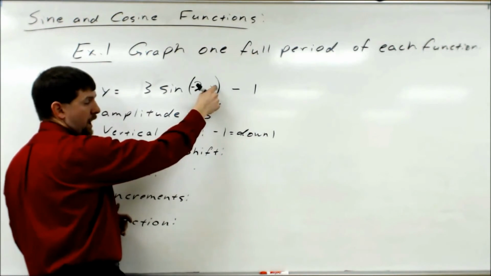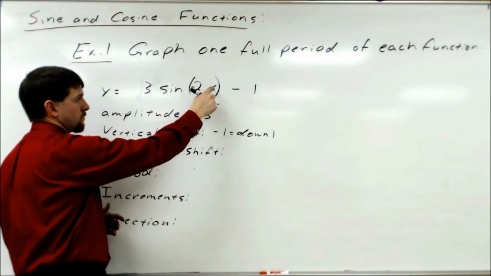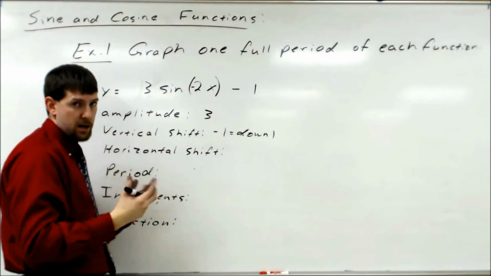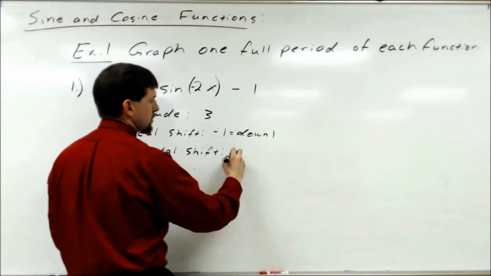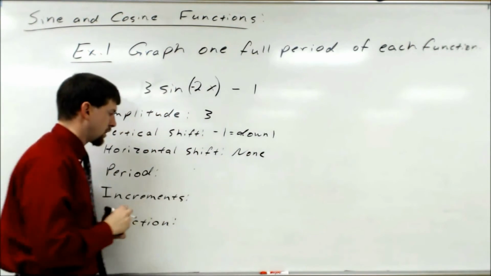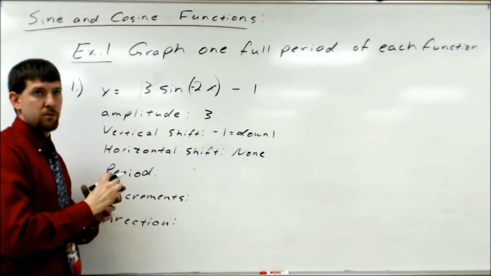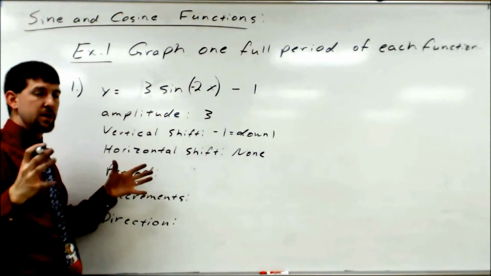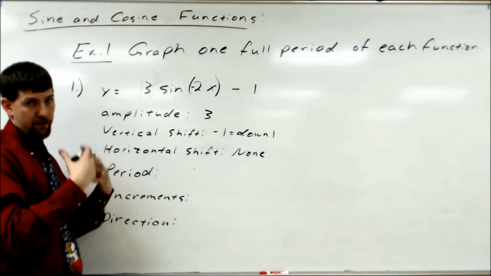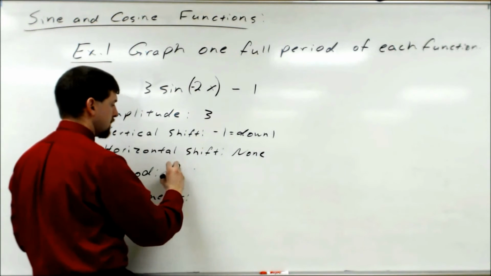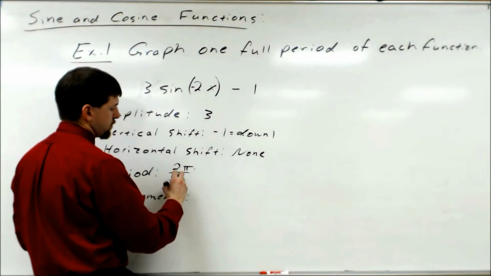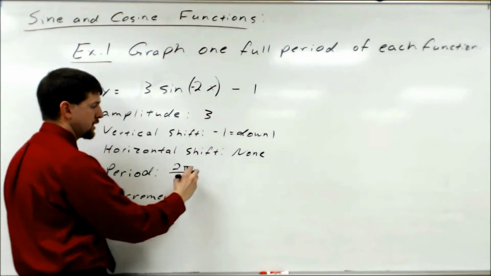Horizontal shift is anything we're adding in here with, or subtracting from, the x. We're not subtracting anything from the x, so there is no horizontal shift in this problem. Period. Period was the length of one cycle. Typically it's 2 pi, but we have a formula, 2 pi over b. And realistically it should be 2 pi over the absolute value of b.